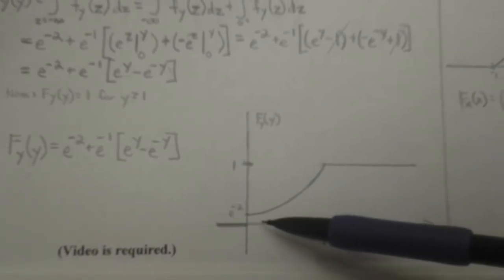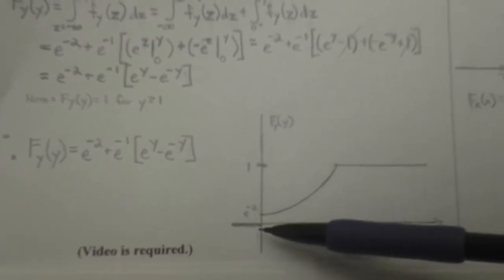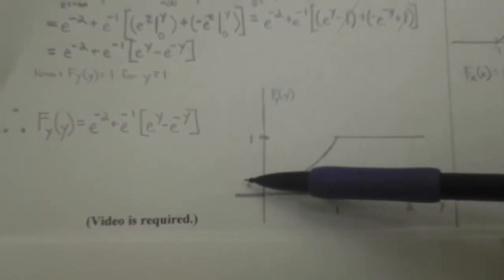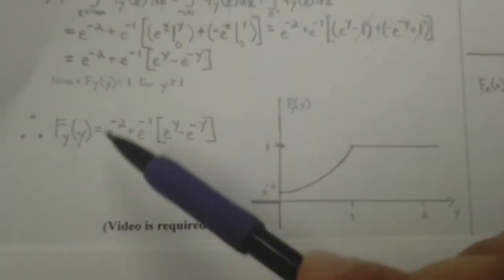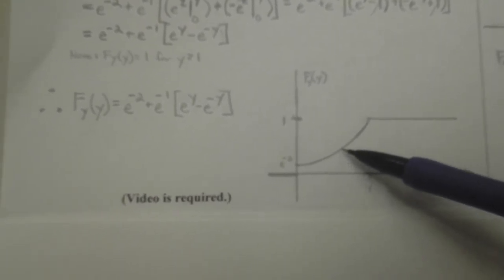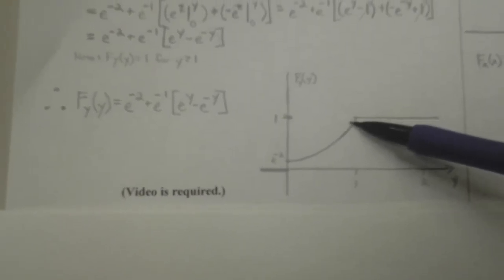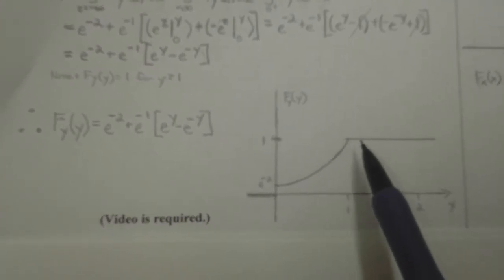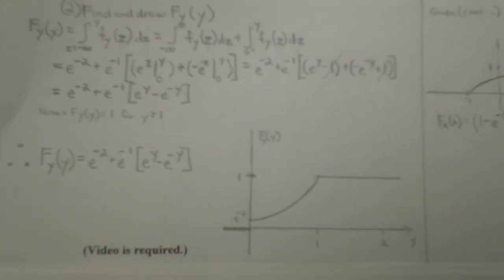Basically, we have a big F of y equal to 0 up to y equals 0. Then we have this jump up to e to the -2, corresponding to this. Then this right here corresponds to this curve. This goes up to 1, and then, as described up here, we have a probability of 1 proceeding forward. And that's the end of problem number 2.